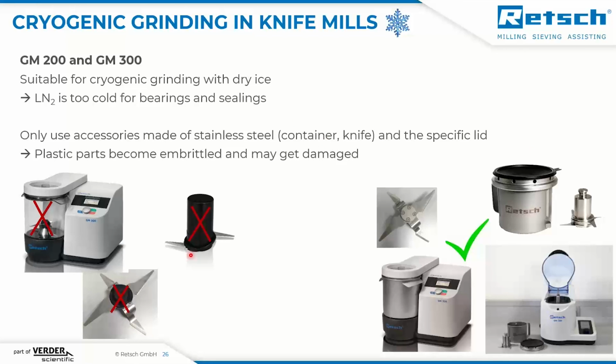It might not break in the first or in the second grinding, maybe in the 10th, but at a certain time it will break. So it's more fun to use the steel equipment, a steel grinding container and a full metal knife, and then you really have good quality, and this cannot be embrittled and will last for a long time.